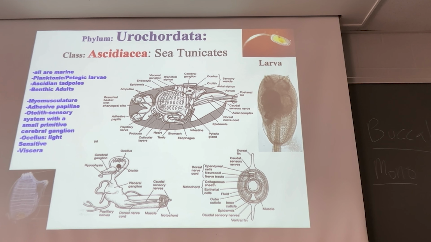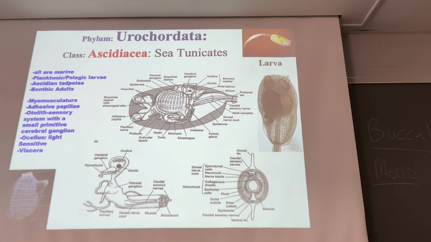With the water that's swept away. The reproductive tract is also down here, and the reproductive tract also will empty into the atrium. So you can sweep the gametes away, right, into the open water column. And then the egg and sperm meet out in the water column, and then they form the larva that's also pelagic, and is called a tadpole as it develops.